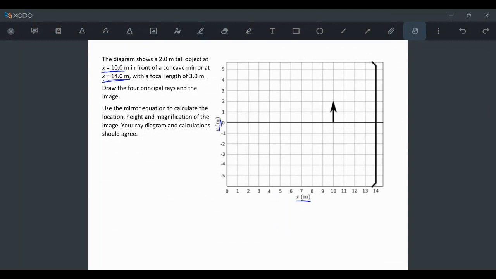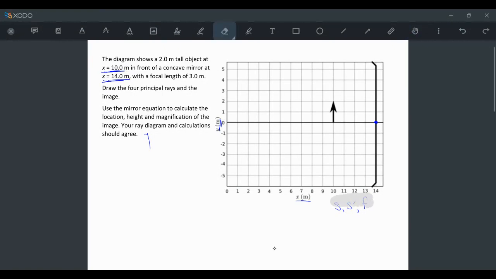But you've seen now in lecture that quantities like object position, image position, and focal length will help us when we use algebra and equations. But these are always referenced with respect to where the optical element, such as the mirror or the lens, is positioned.